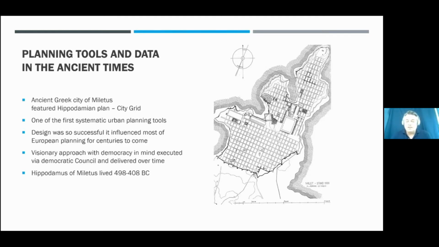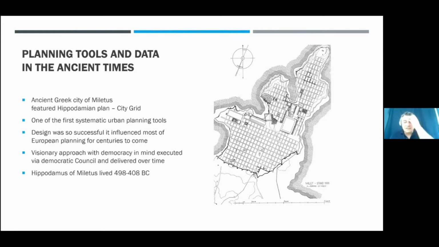As you can see here, I illustrated the ancient city of Miletus, which was designed by one of the first architects ever recorded, Hippodamus, who developed what we call the Hippodamian plan, an orthogonal grid that allows for various planning advancements and urban design.